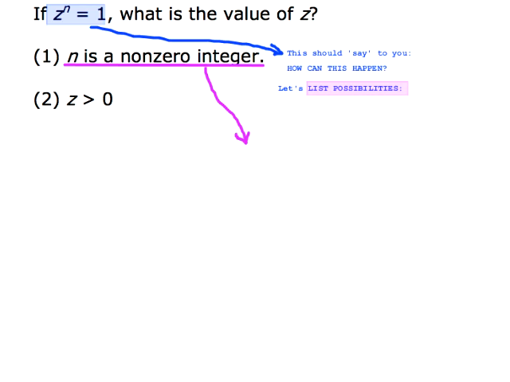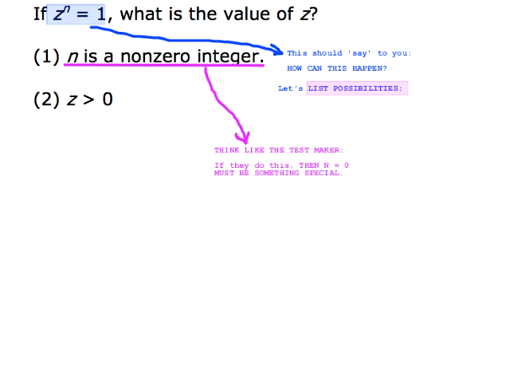Which is not really anything you would think about doing unless something happened when it was 0. Because otherwise this would be really random and you would not think to do it, right? So think like the test maker is the point here. They're not going to make up random statements for no reason, right? So if they do this, then n equals 0 must be something special here.